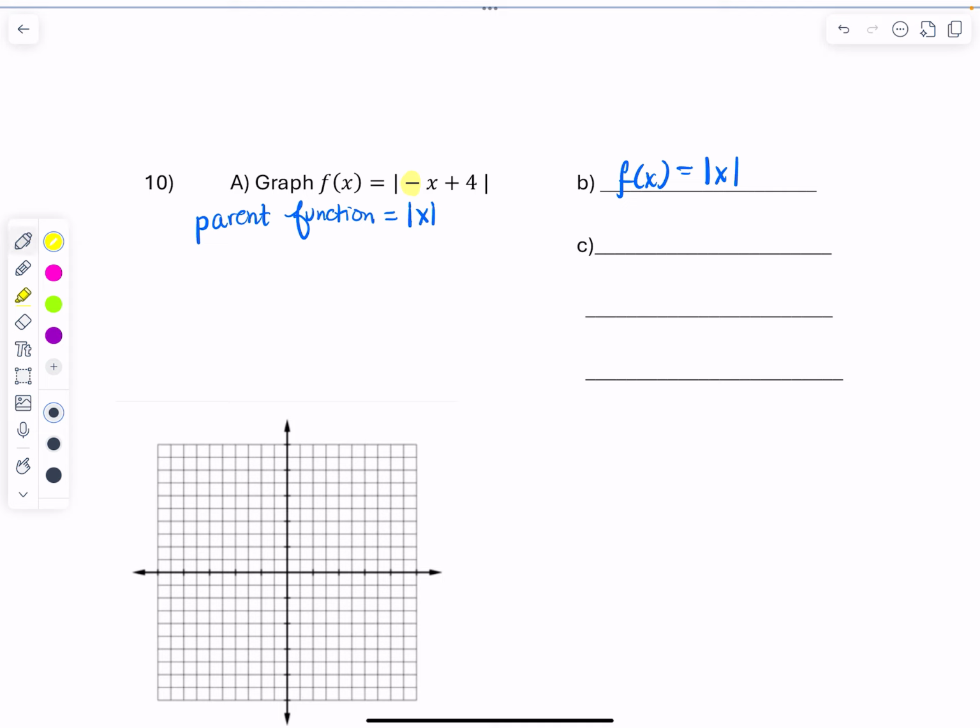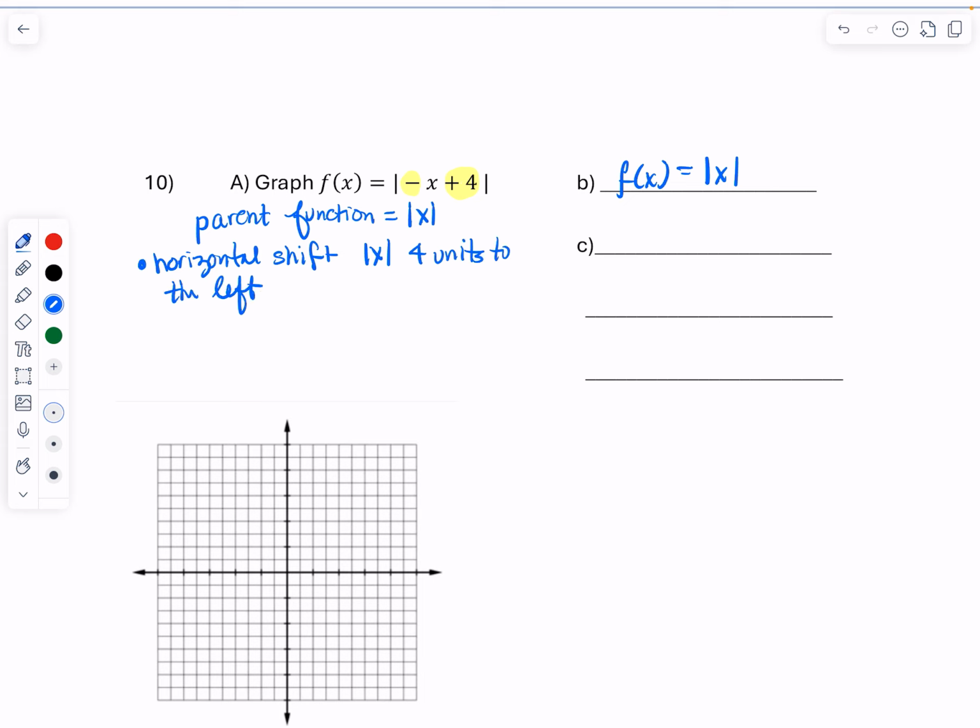So I know I'm going to have to do something, and I also have the plus 4. Because the plus 4 is inside the absolute value, I have a horizontal shift. So I'm going to horizontally shift the absolute value of x's graph 4 units to the left. So that's the first thing I'm going to do.